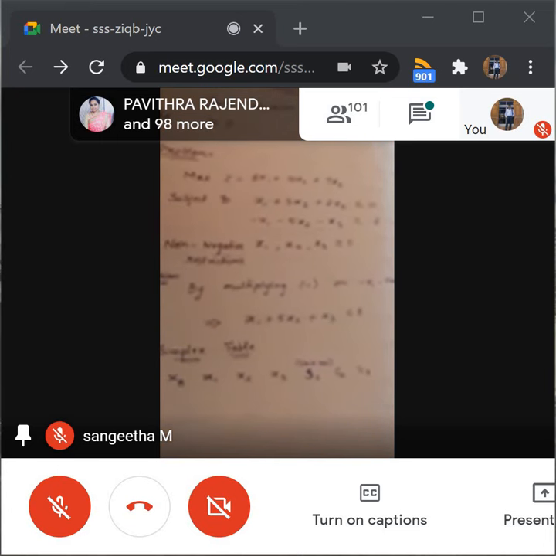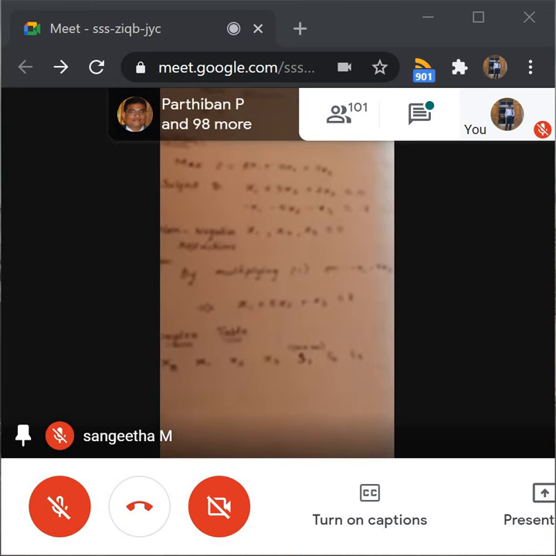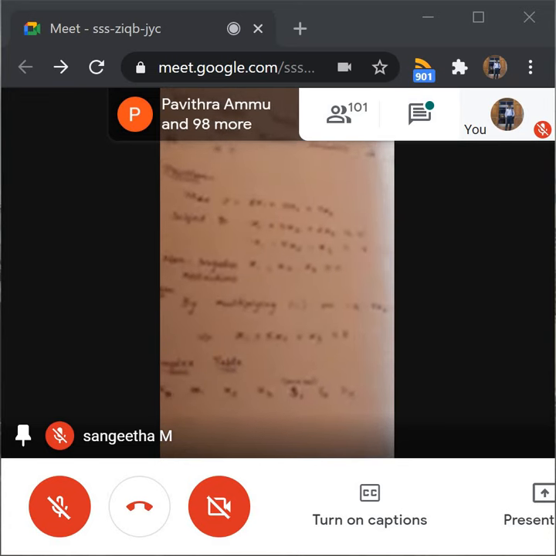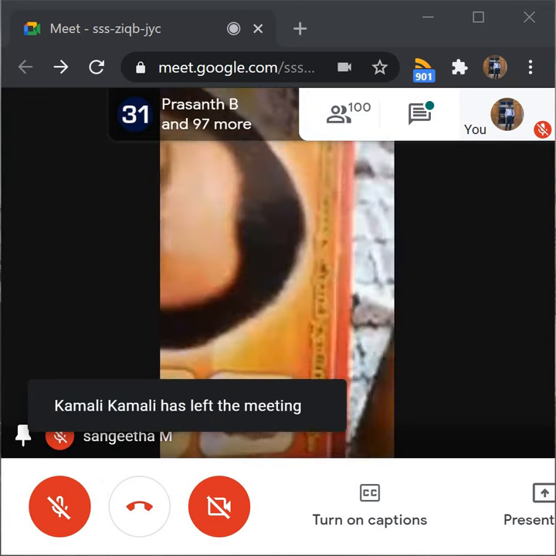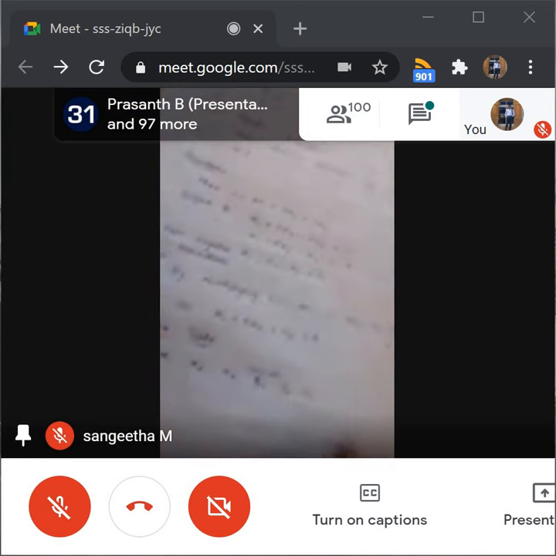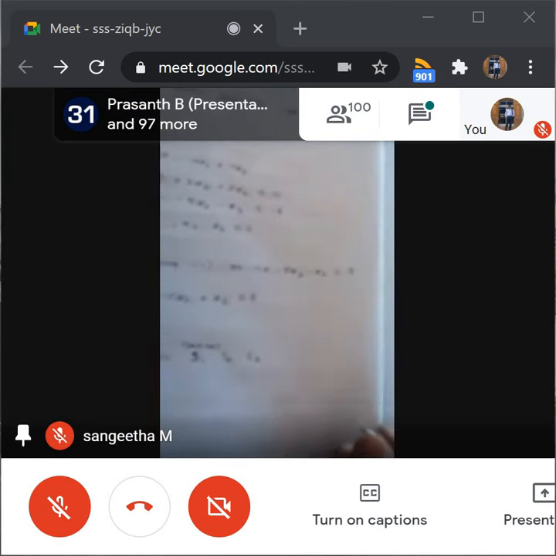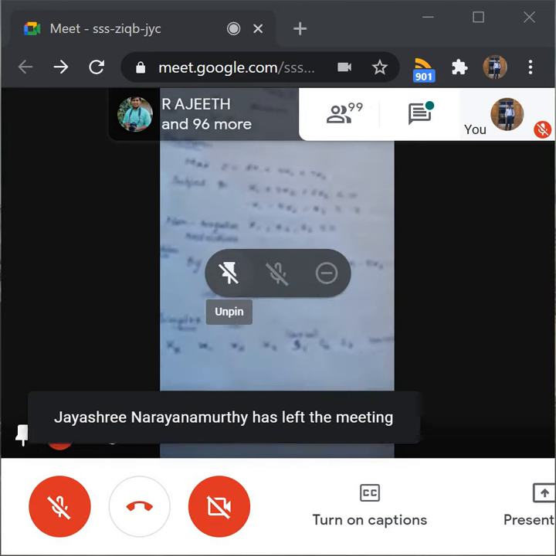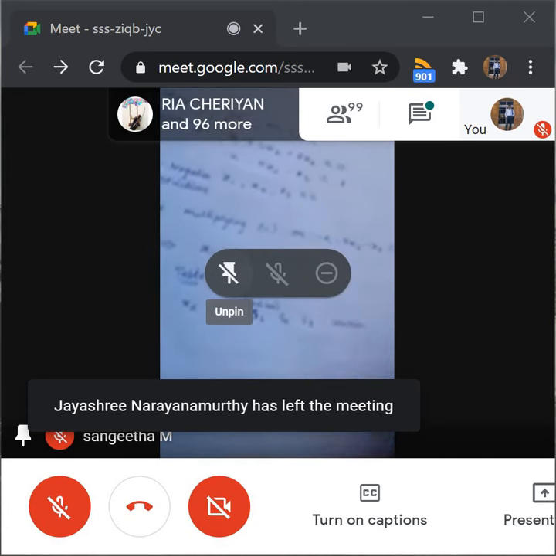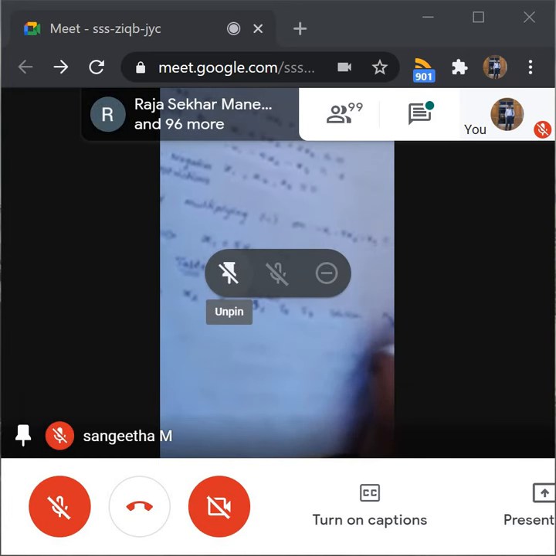Here that is 10 and 8. Those two values are the solutions for equations 1 and 2. So after S1, S2, S3 comes the solution column, and the last column is the minimum positive ratio.